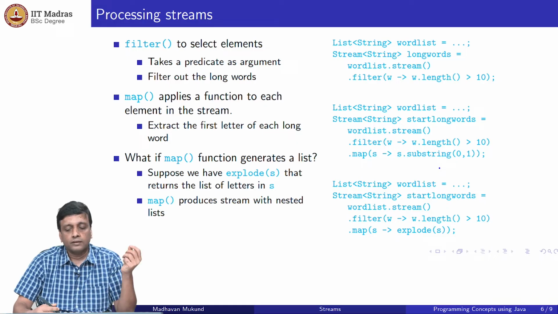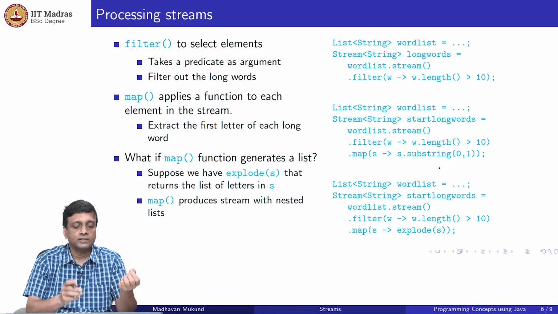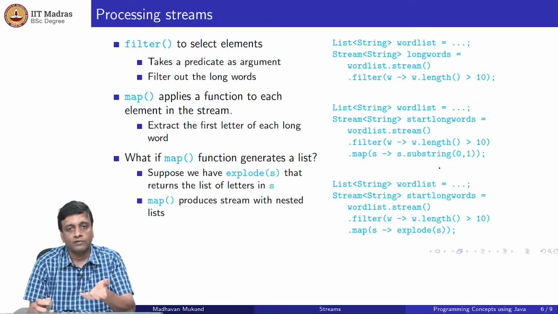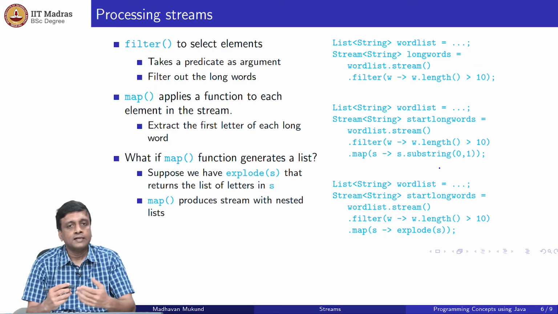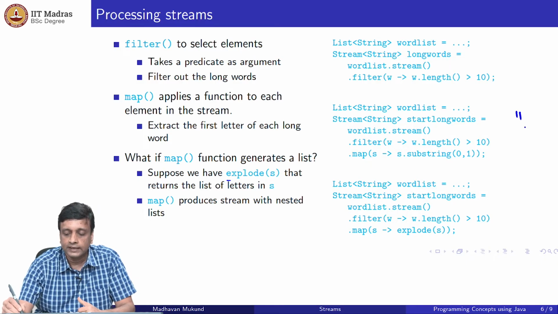So now it could be that map actually does something more than that. What if, instead of extracting the first letter, supposing we had a function, it's not a real function in Java, you would have to write it, but let's suppose we had a function called explode, which would take a string like "list" and explode it as a stream or a sequence with 4 letters.